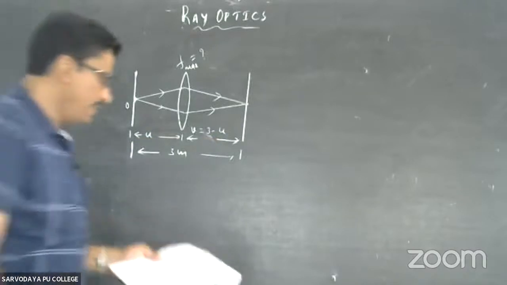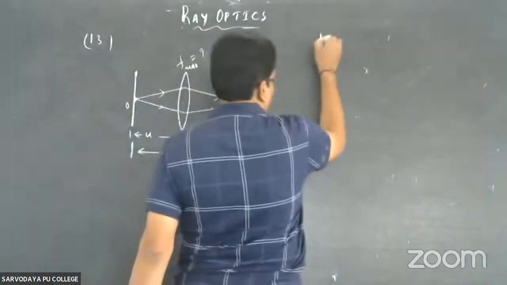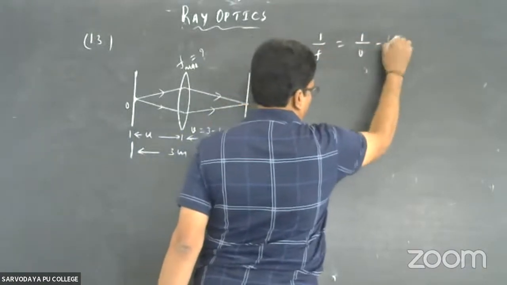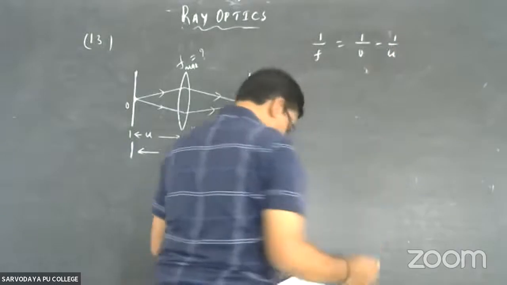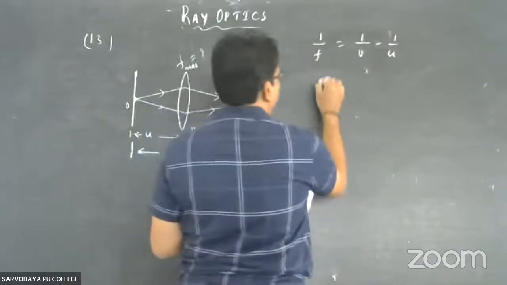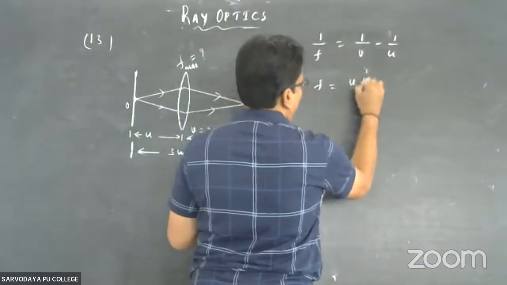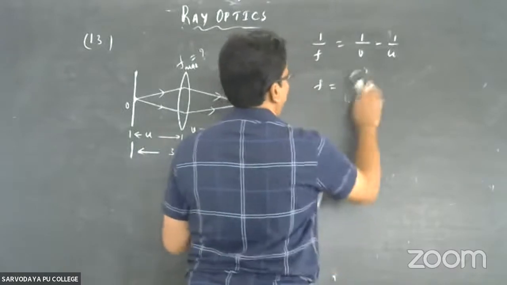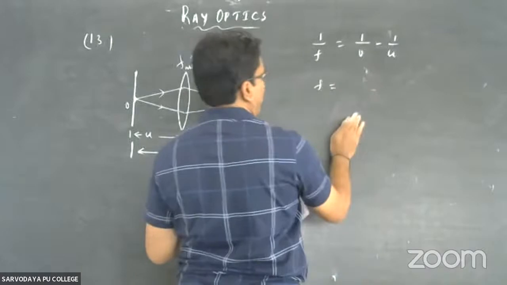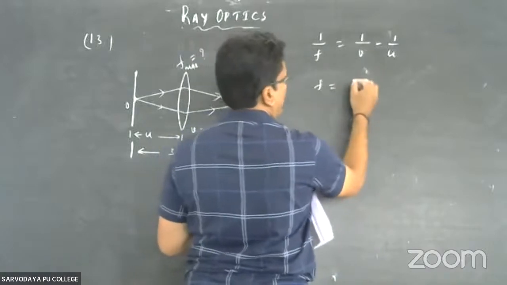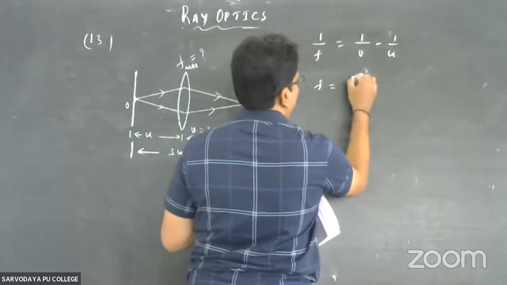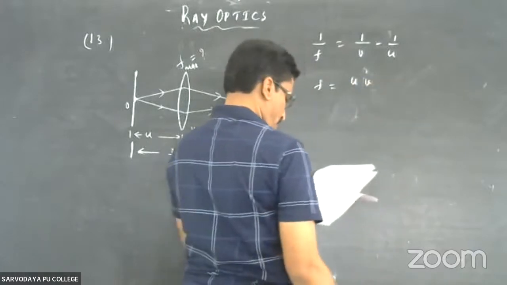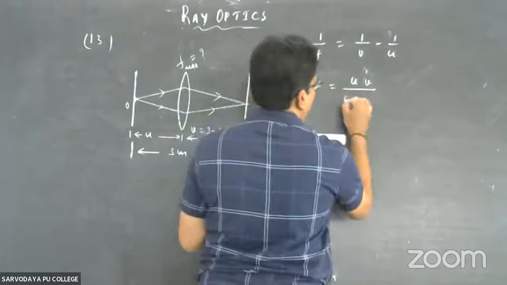Let us consider the lens formula. 1 over f is equal to 1 over v minus 1 over u. Simplifying for f, f is equal to uv by u minus v.